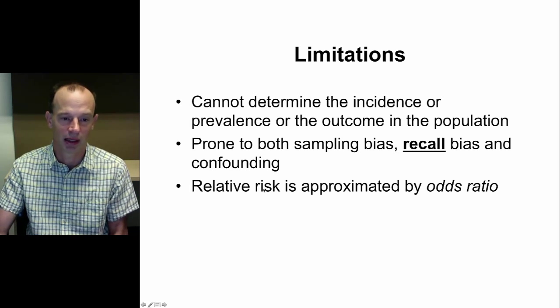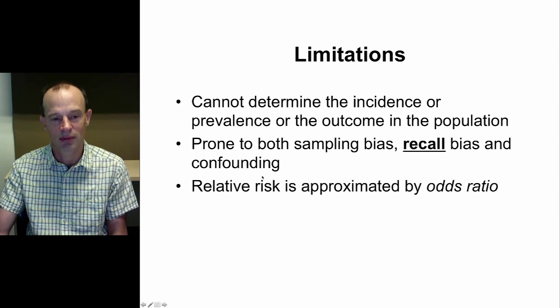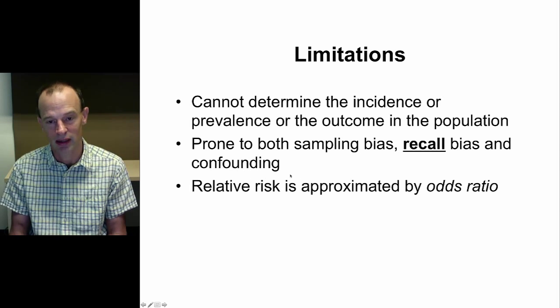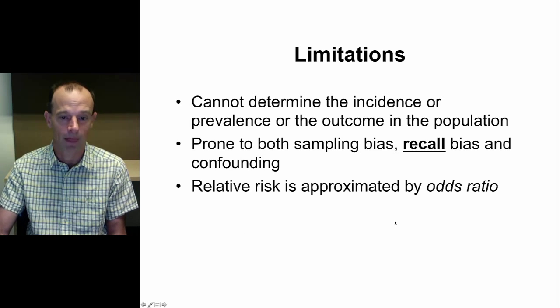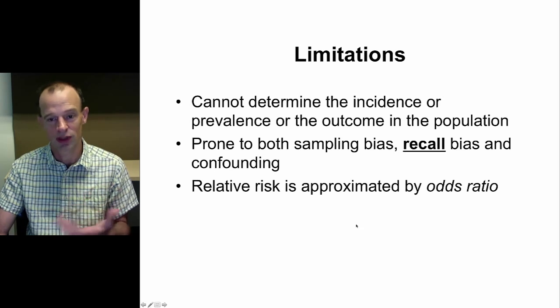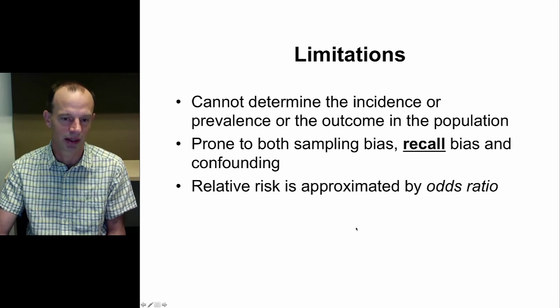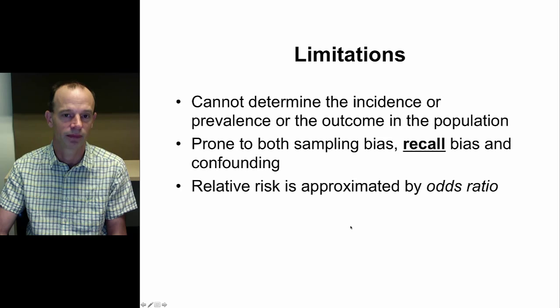And there's a lot more potential for confounding in this type of study design, really, than any other type of even observational study design, certainly far more than an experiment or RCT. So relative risk is approximated by the odds ratio, which can give you some measure of risk, but it shouldn't be interpreted as the relative risk in a case control study.